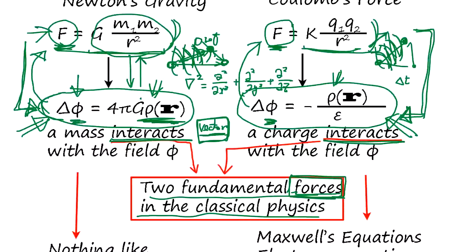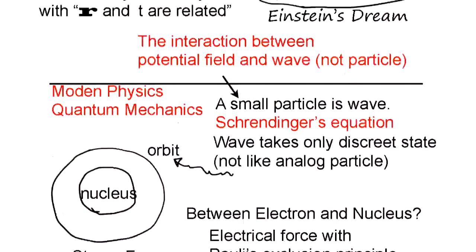Same way, historically it came from Coulomb's law to Poisson's equation, but using this you can prove Coulomb's force. So whichever is valid, both are valid.